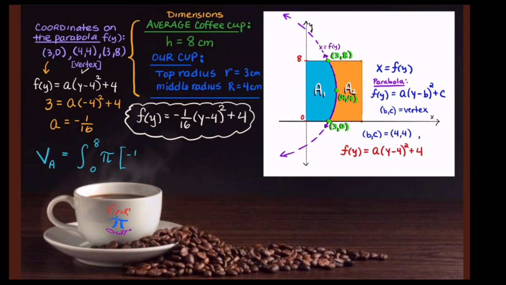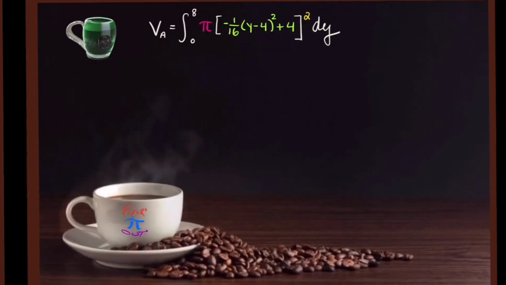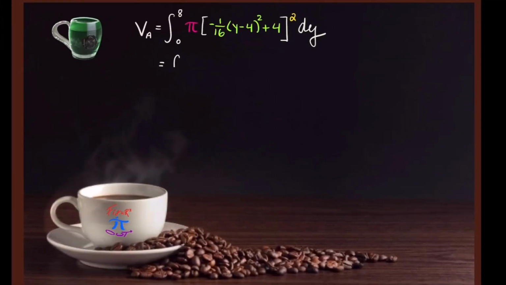So now we can write out the volume integral from 0 to 8, a height of 8 centimeters, pi times that function squared dy. And that'll just require us to go through a little bit of the algebra to simplify that integral. So let's go through it.